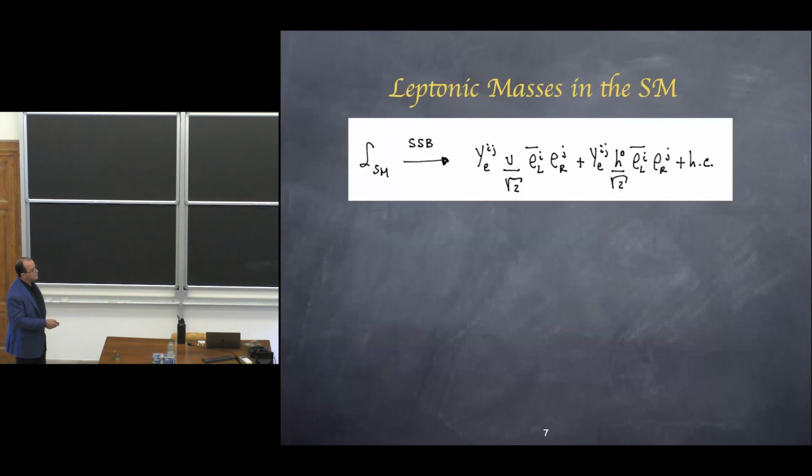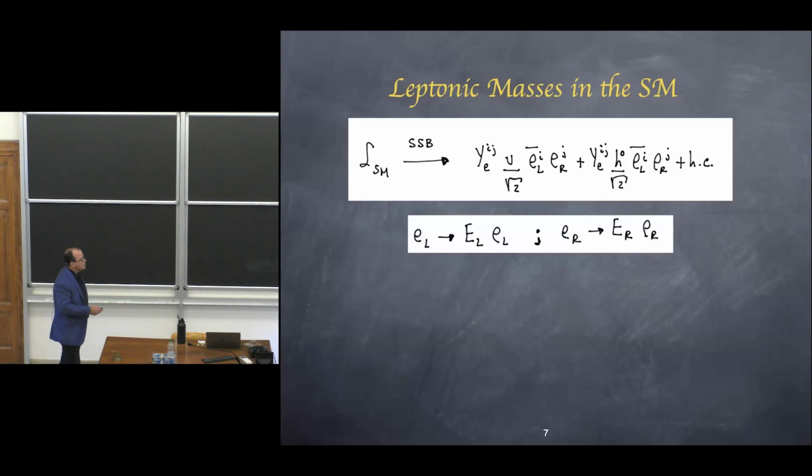The Higgs, the neutral component, which is the physical one, also talks to all of them in the same way, and it is the same with quarks. It is amazing that only one Higgs doublet can do the job for all the charged fermions in the Standard Model. Then you get what we call the masses.